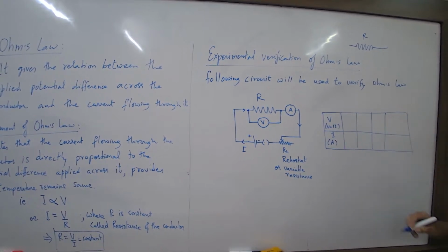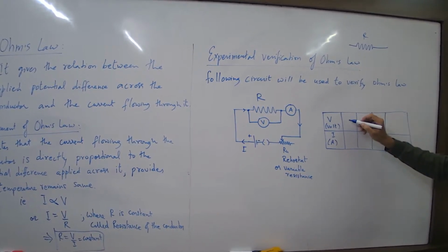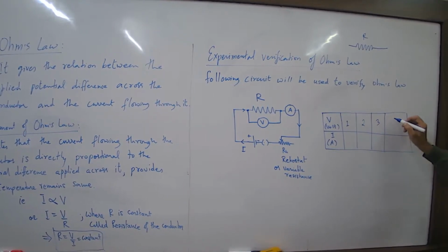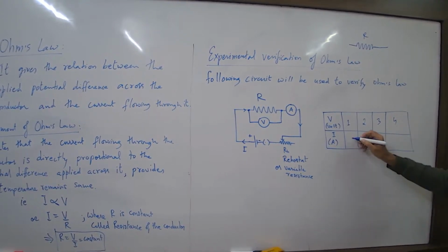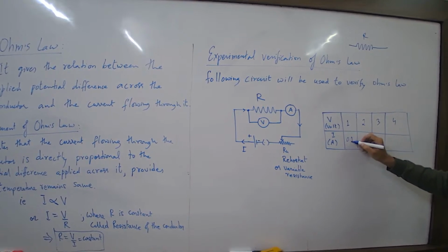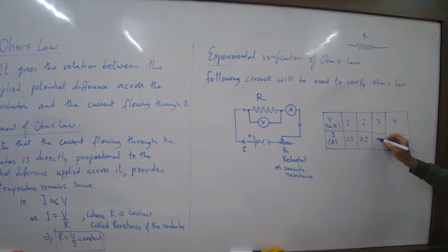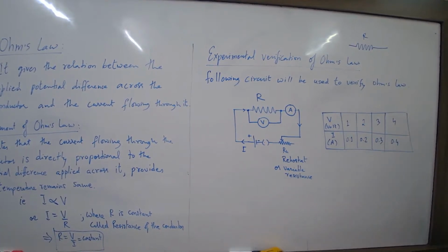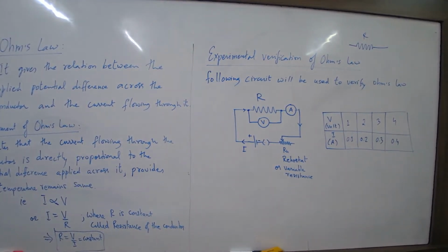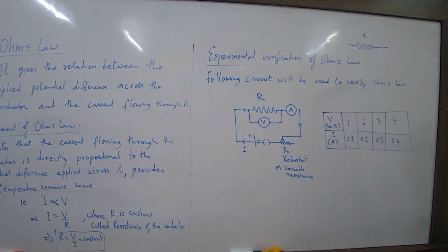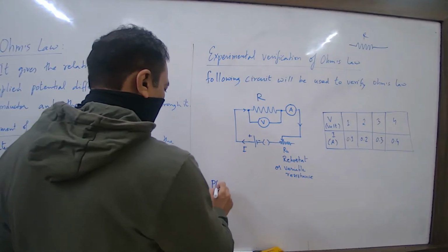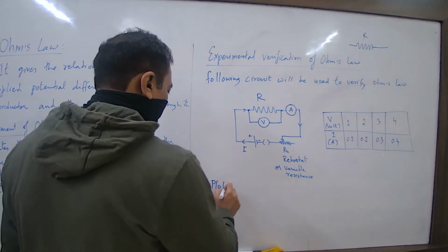Let us say you have 3-4 values. Initially your voltage was 1 volt, 2 volt, 3 volt, 4 volt, and the current flowing in the circuit is, let us say, 0.1 ampere, 0.3 and 0.4. Now you can plot the I versus V graph.